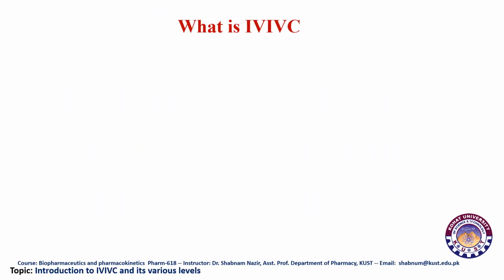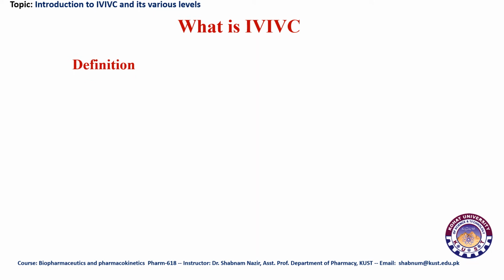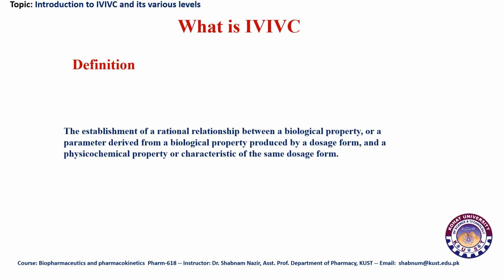When we look at the definition of IVIVC, there could be two possible definitions. One is the USP, United States Pharmacopoeia, definition, and the other one is the FDA definition, which we will discuss later on. First of all, the USP definition.